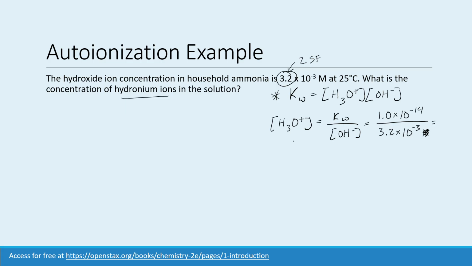So the hydronium ion concentration will be equal to 3.1 times 10 to the negative 12th molarity. Okay, and so of course don't forget to add that unit back in.